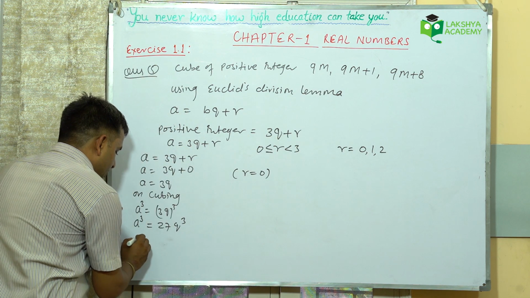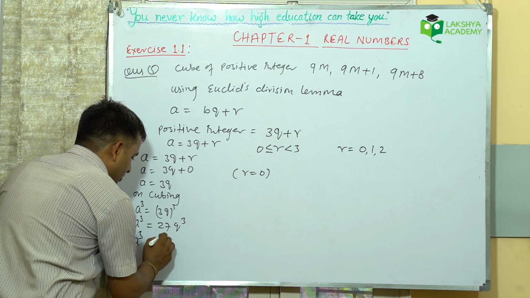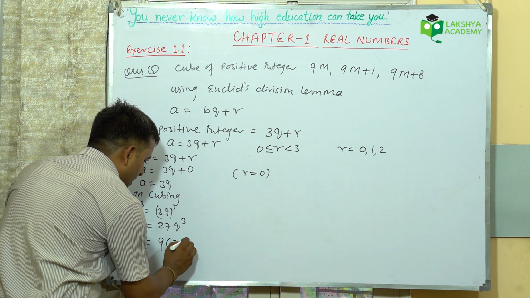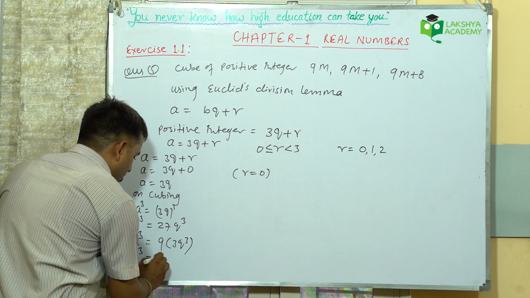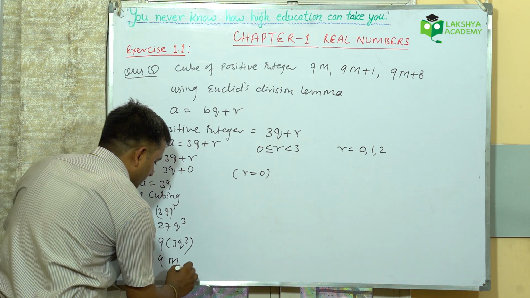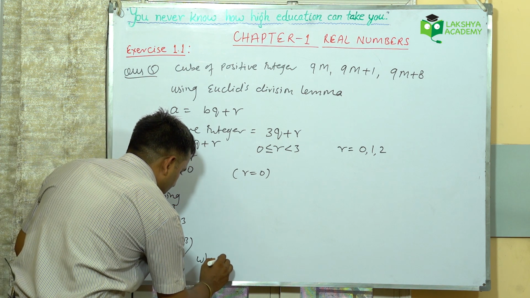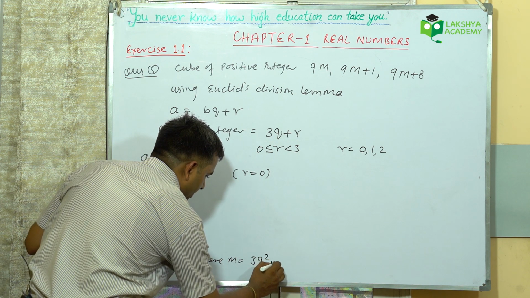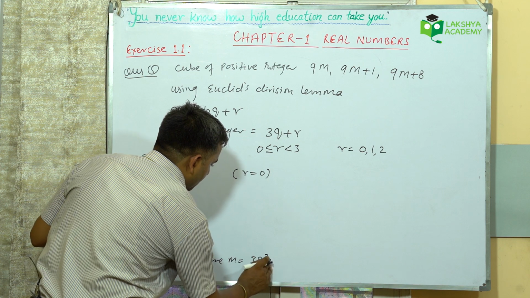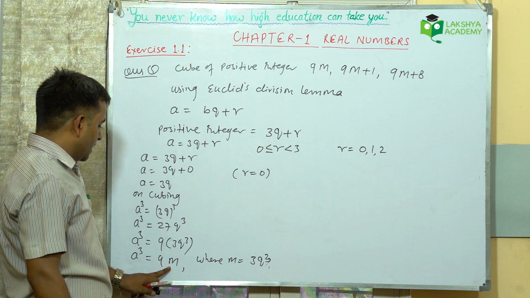So we will take 9 as common. A cube equals 9 times 3q cube. We can rewrite it as a cube equals 9m, where m is equal to 3q cube.